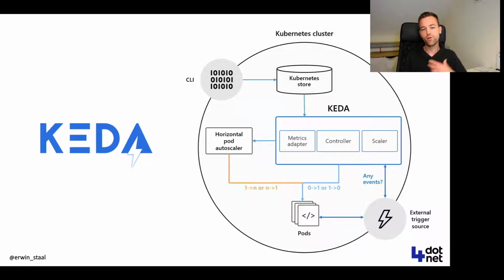There are alternatives out there to what KEDA does, and some of those alternatives do actually also fetch the data from the event source and push that into your workload. That is something that KEDA doesn't do, and that's a powerful option because that still allows you to work with the event source and use the SDKs of that event source and do the most complex things with that event source that you could possibly do. That is something that the alternatives do not offer, and KEDA does.